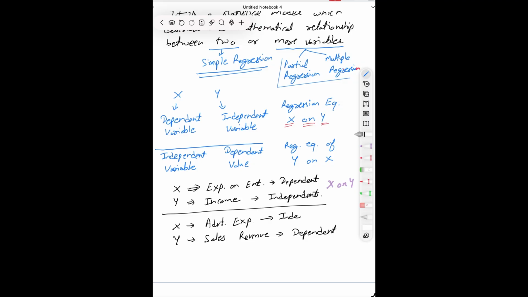So this is the independent variable. And in this scenario, we have to find out the regression equation of y on x.